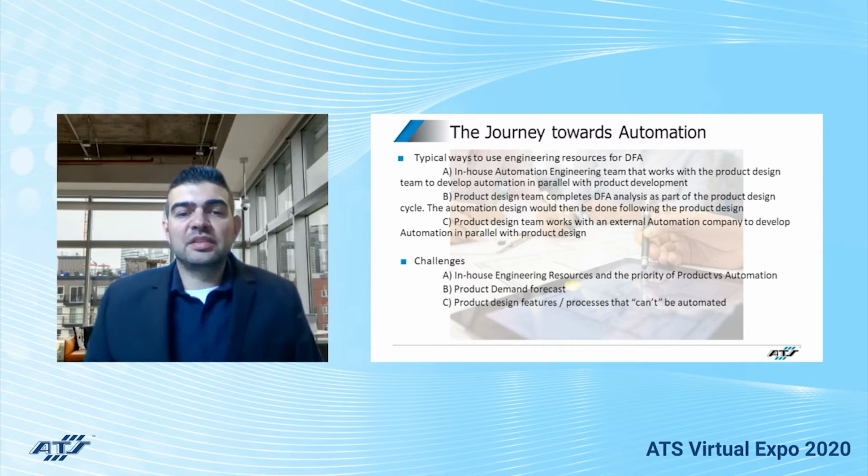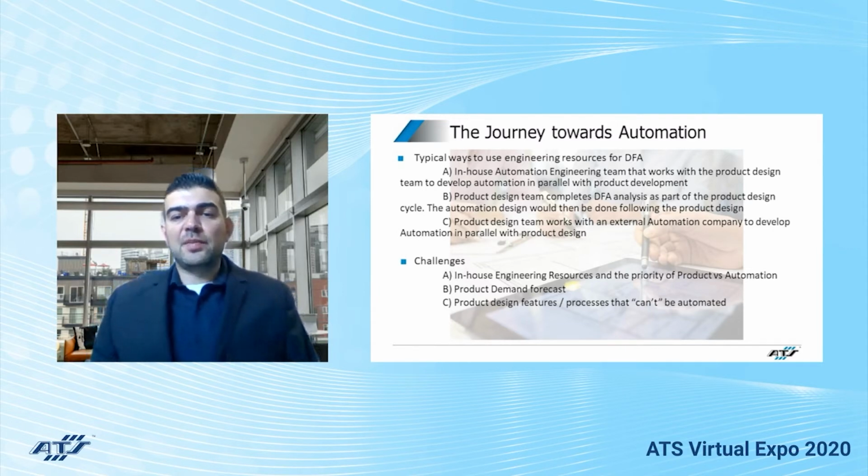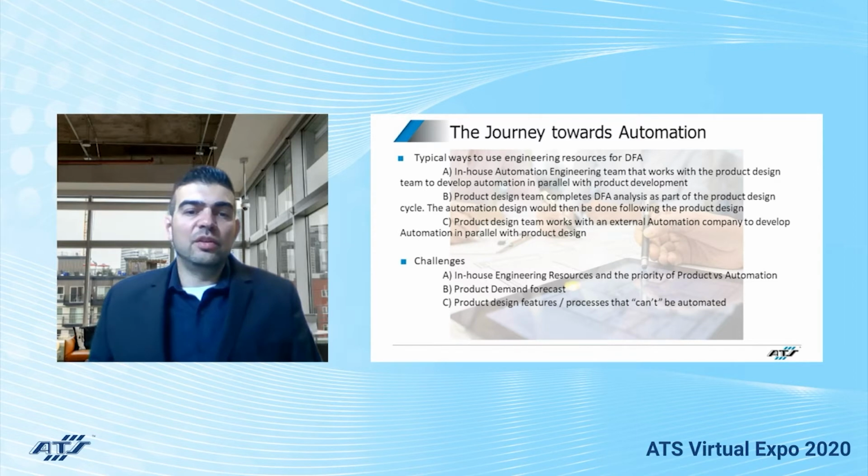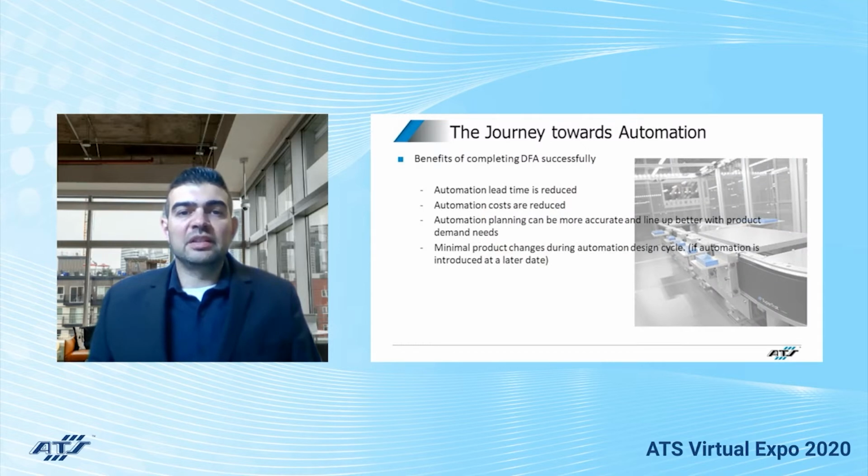Lastly, some of the product design features and or processes simply can't be automated, thus requiring the automation engineers to come up with creative ways of potentially semi-automating or having offline processes that are embedded with the automation lines.